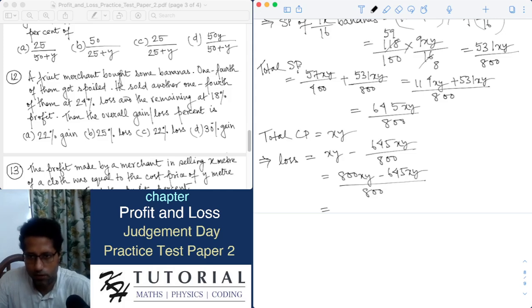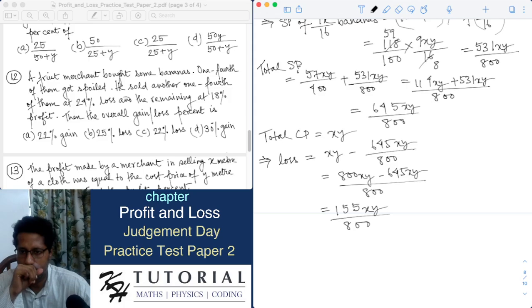How much is 800 minus 645? This is 155. So 155xy by 800 is the total loss.